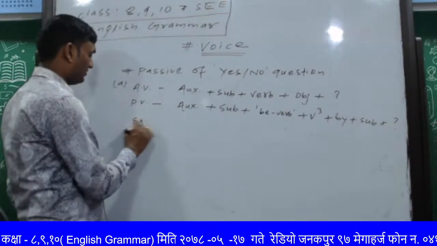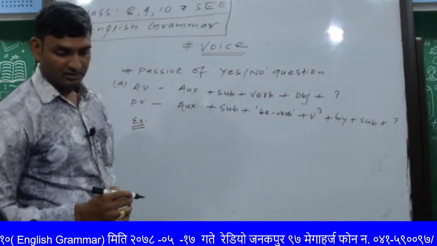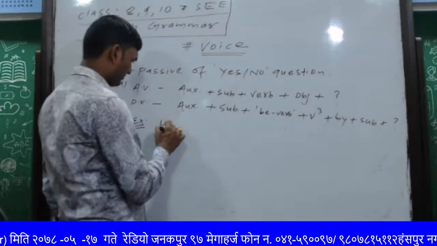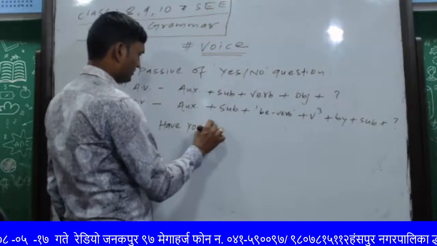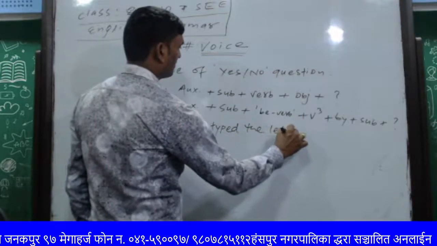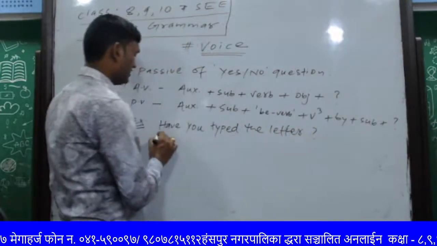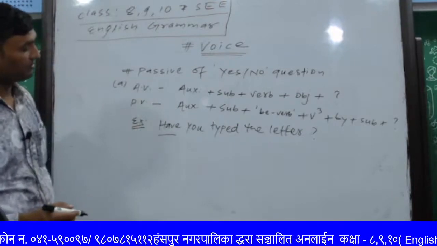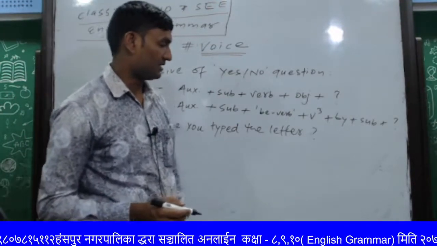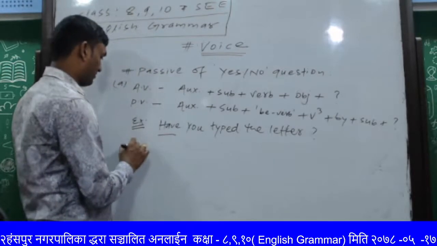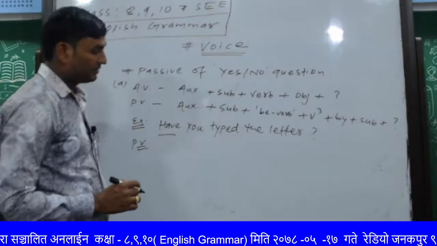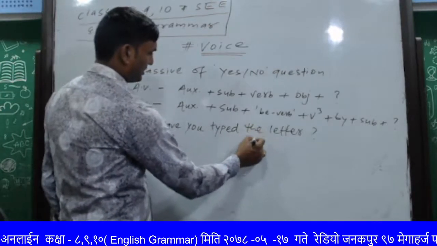For example, have you typed the letter? Have is your auxiliary verb. Then subject, then V3 typed, the letter is the object here, at the last question mark. Then the passive of this sentence is here. Object means the letter.